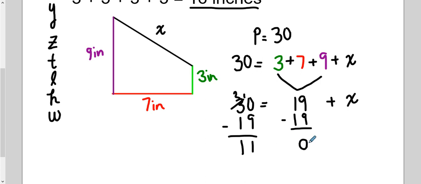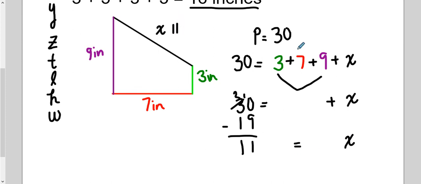It's just zeroed out. So we just imagine that it's not even there, and then we have x left over here. So knowing that this right here is now nothing, we can then just say that this unknown side, x, is equal to 11.